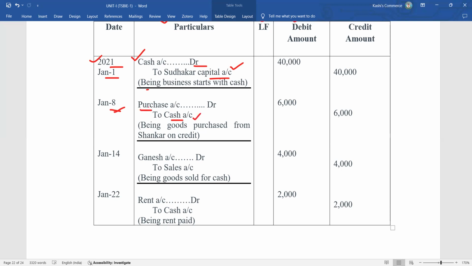Purchase is expenditure. According to nominal account, purchase is expenditure, and expenditures are recorded in the debit. So purchase account debit to cash account.